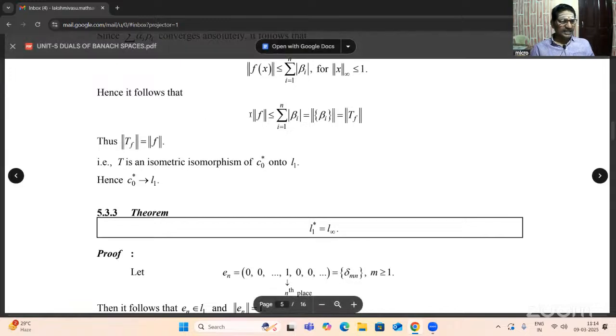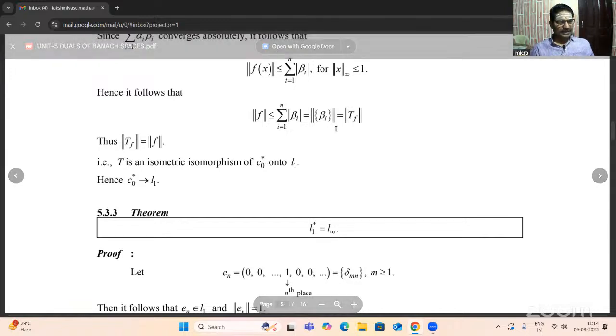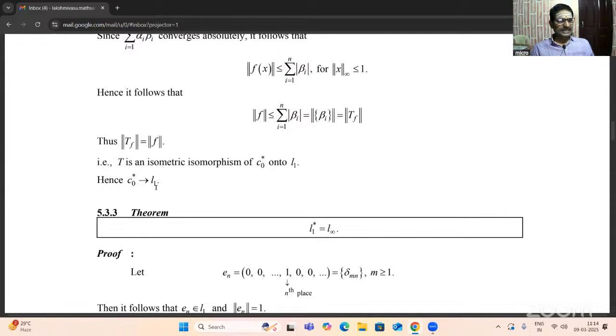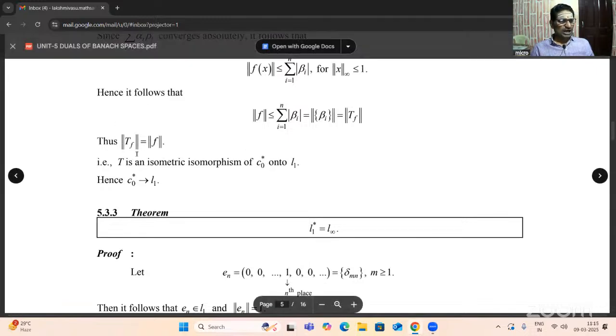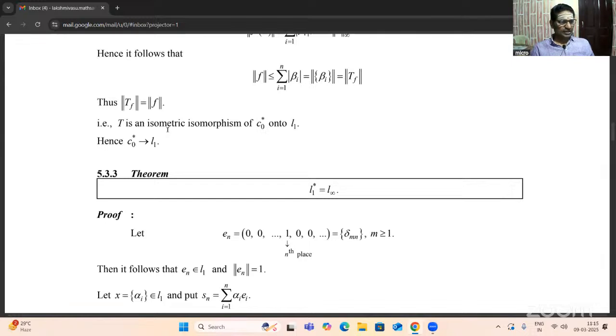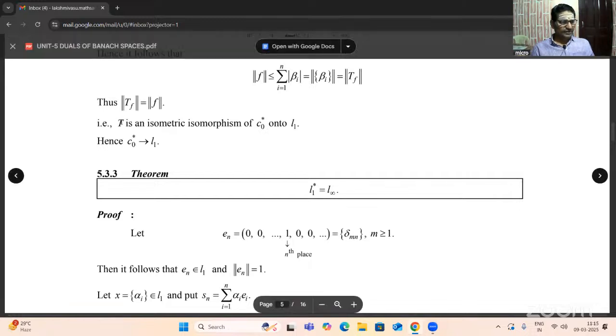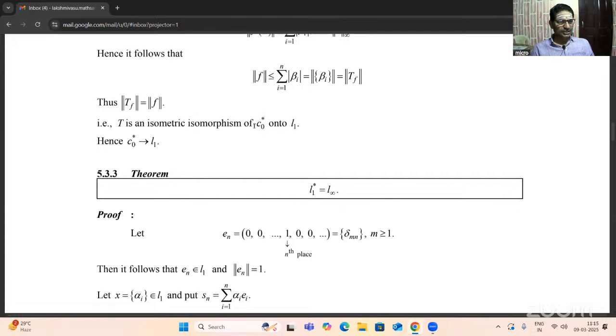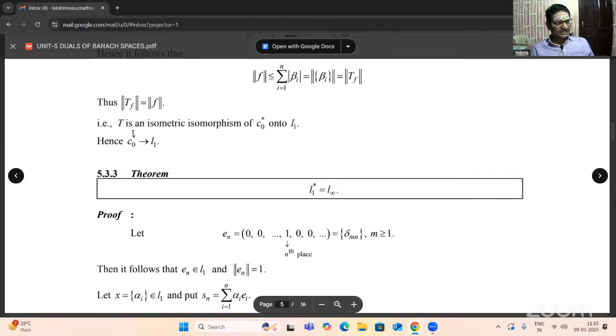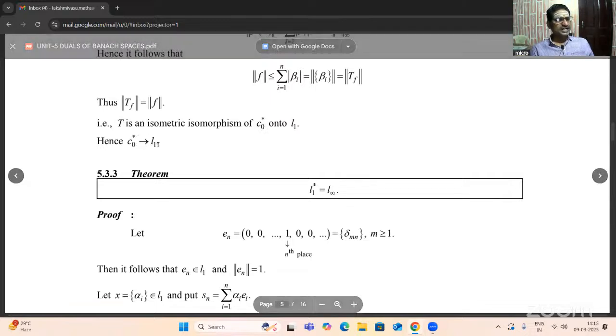So finally, by the induction concept, norm Tf equals norm f. When T is one to one, continuous, linear and bounded, norm Tf equals norm f, so T is an isometric isomorphism of the dual of C0 onto L1. Hence, the dual of C0 is L1.